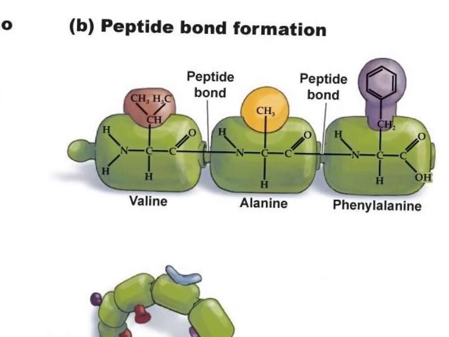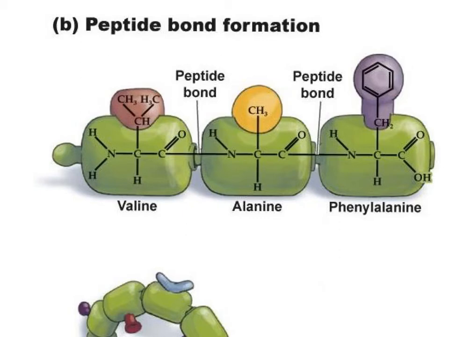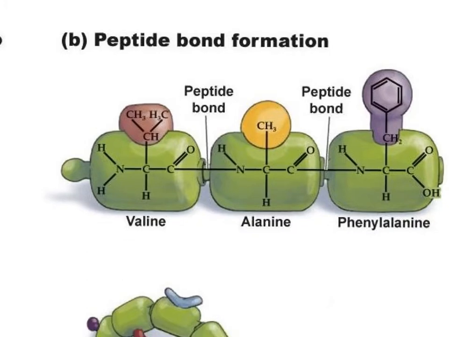And here you see 3 different amino acids: valine, alanine, and phenylalanine. These are 3 of the 20 amino acids that all life on Earth uses. And then there's this peptide bond right here that's stringing things together.